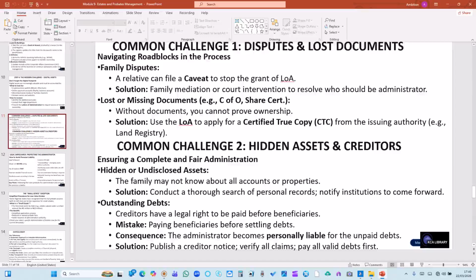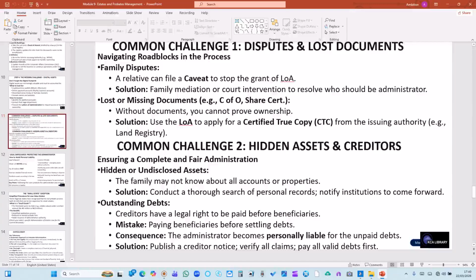Then, in the case of lost or missing documents, for example C of O or share certificate, without documentation you cannot prove ownership. Solution: use the letter of administration to apply for a certified true copy from the issuing authority, such as the land registry. So when you lose your document, you have to use your letter of administration to apply for a certified true copy from the issuing authority.